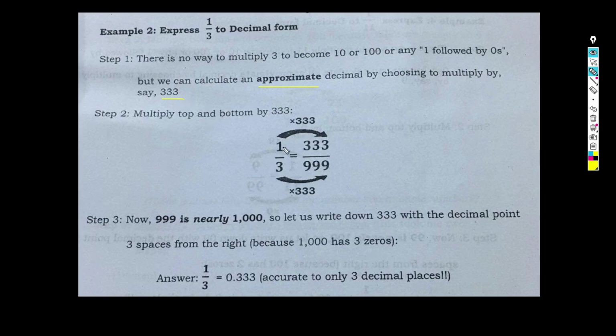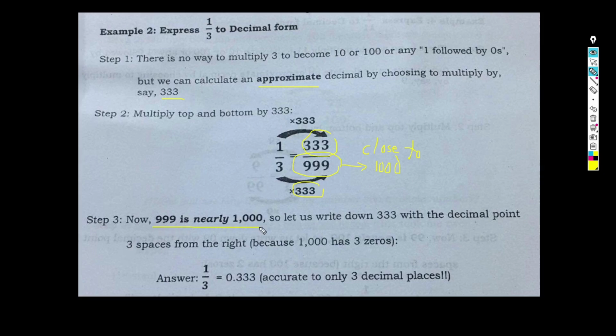So 1/3, you multiply by 333 to make it 333. And 3 you multiply by 333 to make it 999, which is close to 1,000, so 1 with zeros.